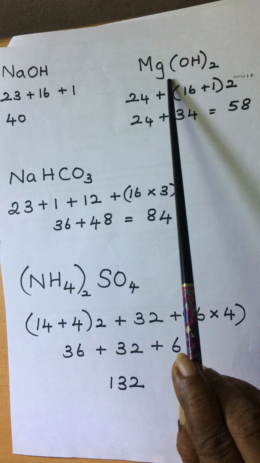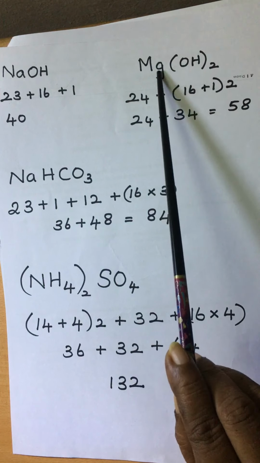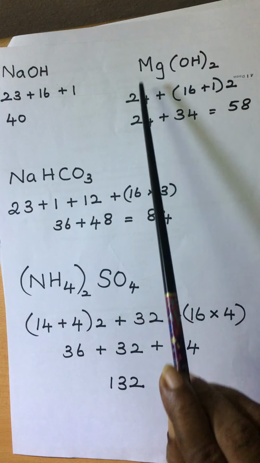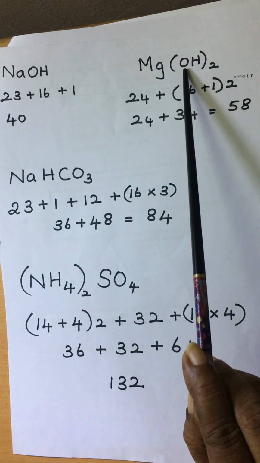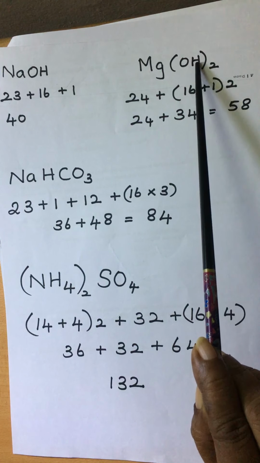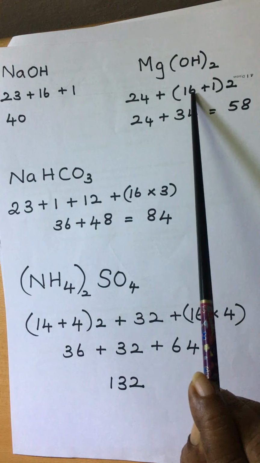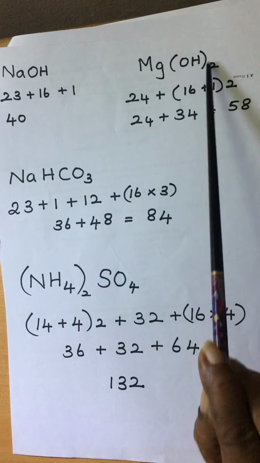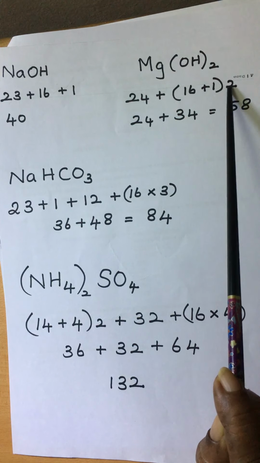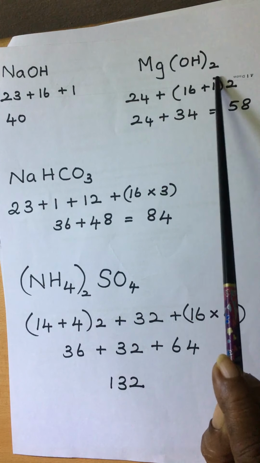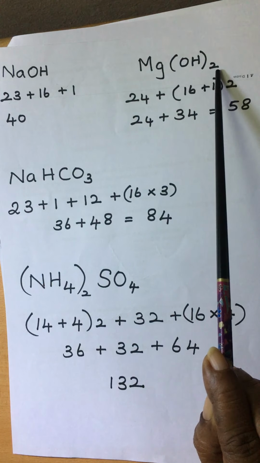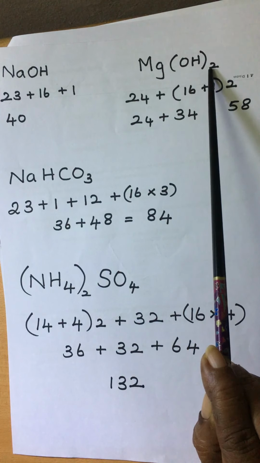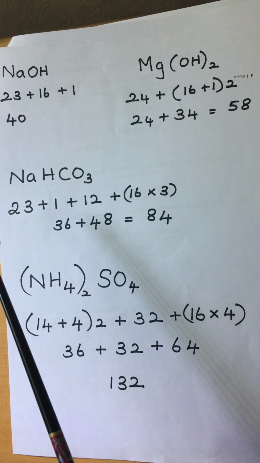Now here the magnesium hydroxide: magnesium, atomic mass 24. Here oxygen 16, hydrogen 1. First of all you have to add these two and multiply by 2, because 2 is outside the bracket. That means in a magnesium hydroxide molecule, 2 oxygen atoms and 2 hydrogen atoms are present.